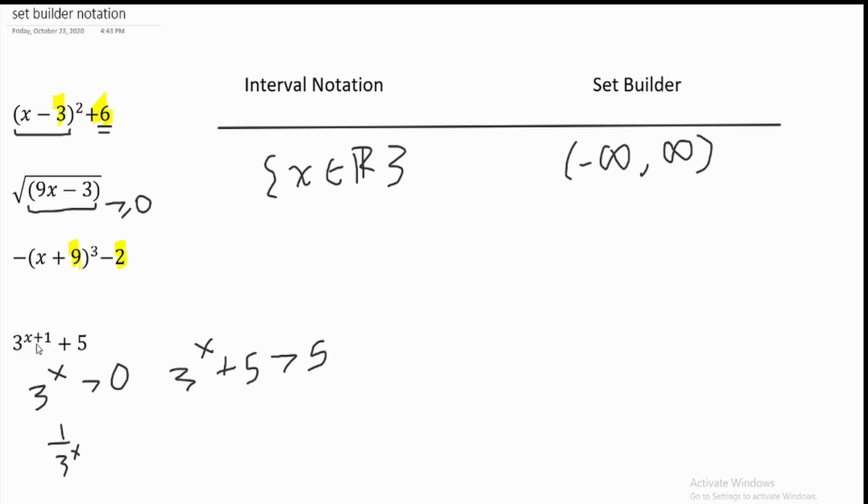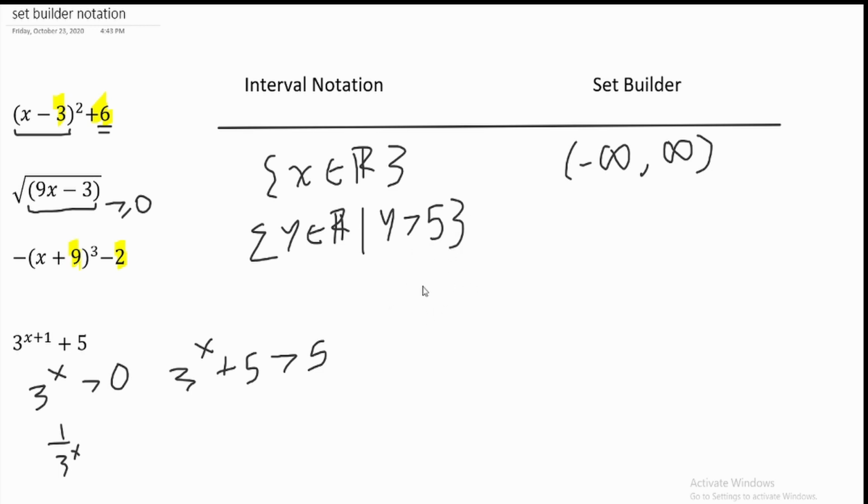Now, the x plus 1 doesn't really change the range. It only moves the graph left or right. So really, these two have the same range. So we can substitute this for the range here. So 3^(x+1) plus 5 must be greater than 5. So we can simply write y is an element of the real numbers such that y must be greater than 5.